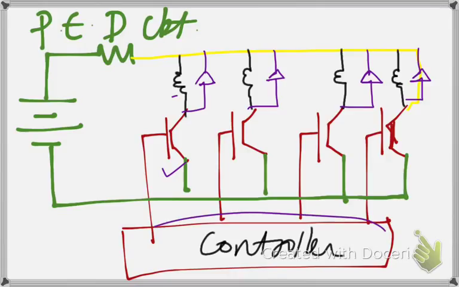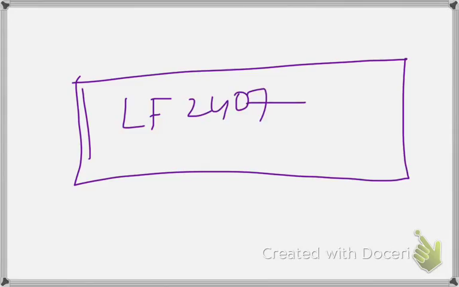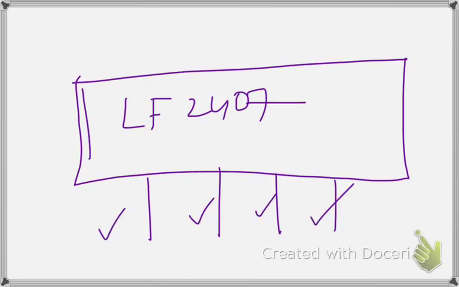Now, coming to the controller part, we mostly use the LF2407. I'm talking about the TMS320F2407. This has four input-output ports, and it is from these ports that we give the gating signals to the transistors, and the transistors in turn energize the windings in whatever sequence we specify.